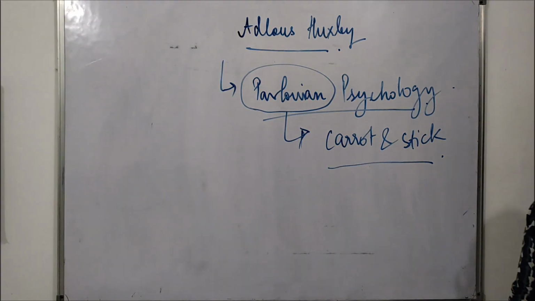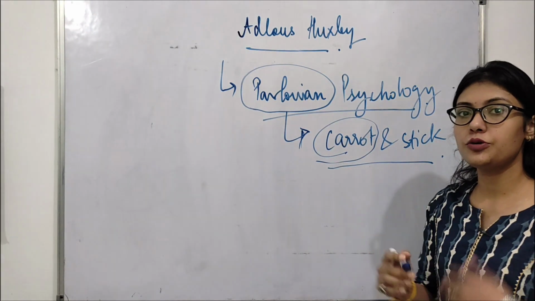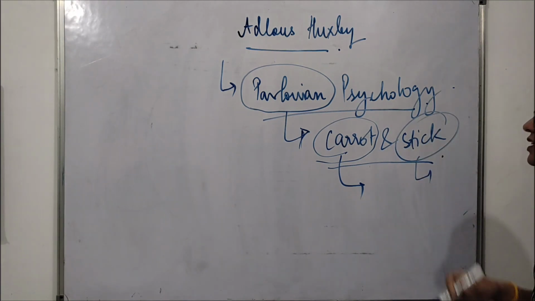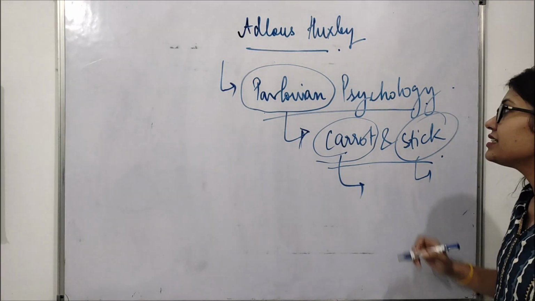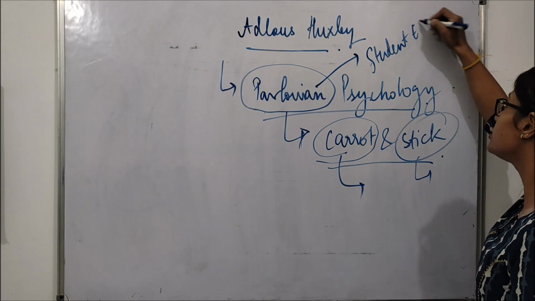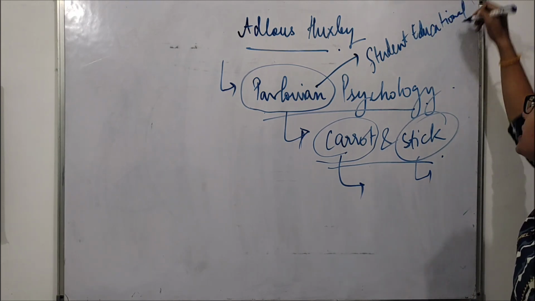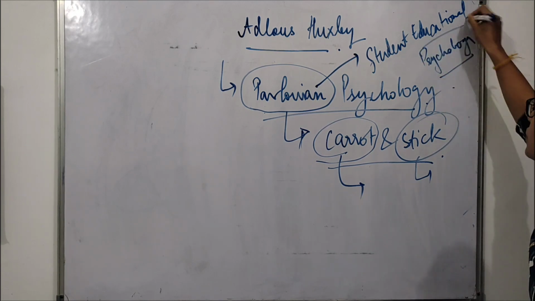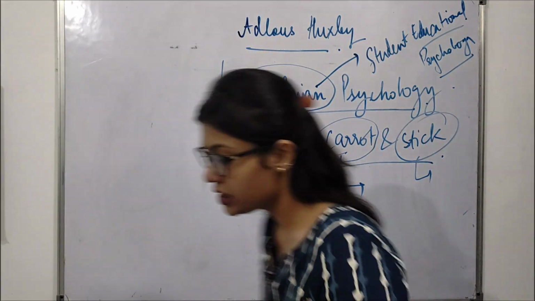So if there's a child and you first give him a carrot to make him do what you want, and then if you use the stick to make it happen, that is Pavlovian psychology. This is specially seen in student educational psychology, but it could be applied to anything. When you use carrot or stick to get what you want, that is known as Pavlovian psychology.